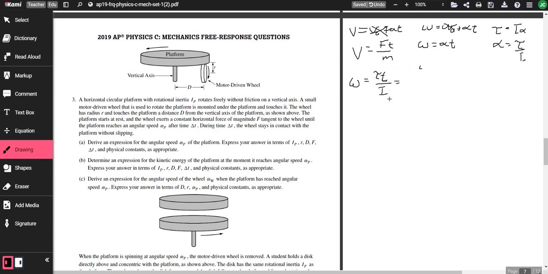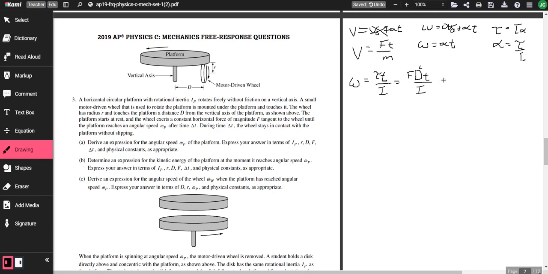I can take this one step further and say that tau is going to be force times the radius. I'm going to want to be careful here. I want to choose the distance from the axis at which the force is acting, so I'm not going to put R here. I'm going to put D. F D t over I. And I believe that's going to be my answer.